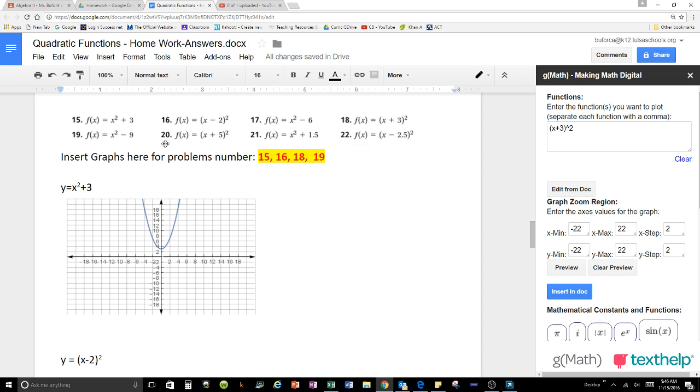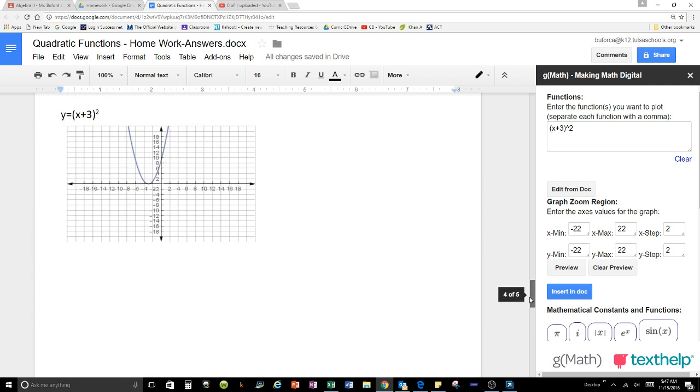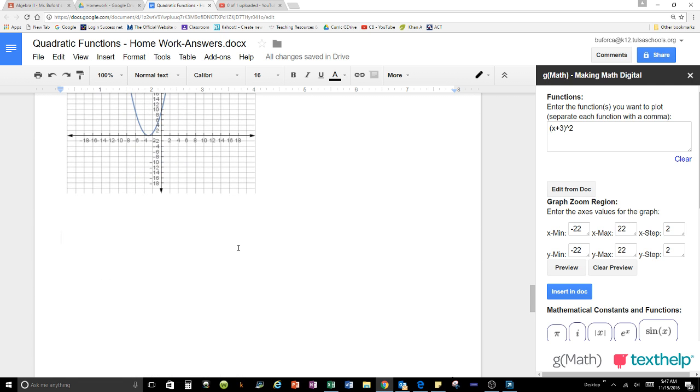Okay, so now we got to do 19, and this is x squared minus 9. And what this is going to do is going to take this x squared and shift it down. It's going to look just like this, but just shift it down to -9. Man, I'm wondering, are we going to predict that correctly? Let's see. So far, we're just like perfect here. So let's see, y equals x.